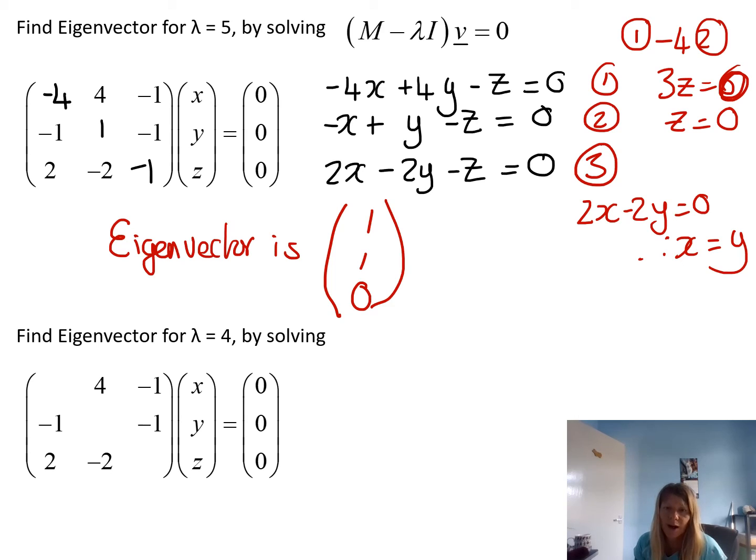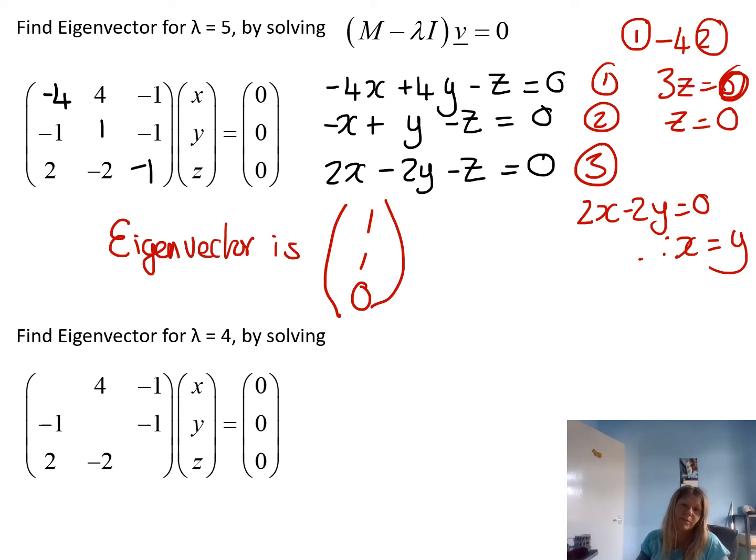So put those in, minus 1, 1, minus 1, naught, 2 minus 2, and minus 1, naught. And if you put them in and press solve or exe, you'll get infinitely many solutions. It'll tell you that y equals x, z equals 0. It probably tells you that y is y. But therefore it gives you those things. You can do it from the calculator. And that's how I do it.